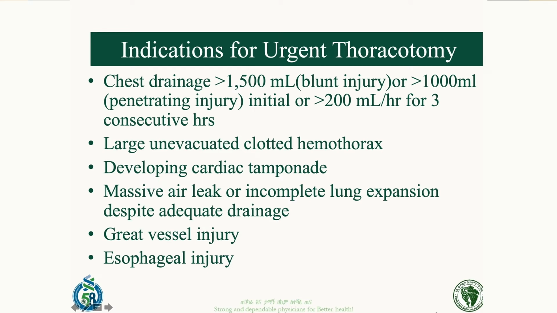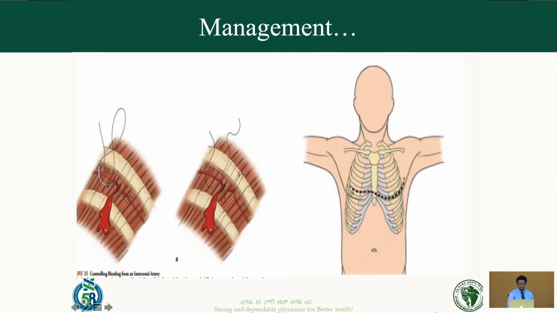The other is if the patient is developing cardiac tamponade regardless of other maneuvers, and if the patient has massive air leak or incomplete lung expansion despite adequate drainage, that means the patient has the chance of having major airway injuries. So that it's one of the indications. The other indications, great vessel injury and esophageal injuries, are one of the indications.